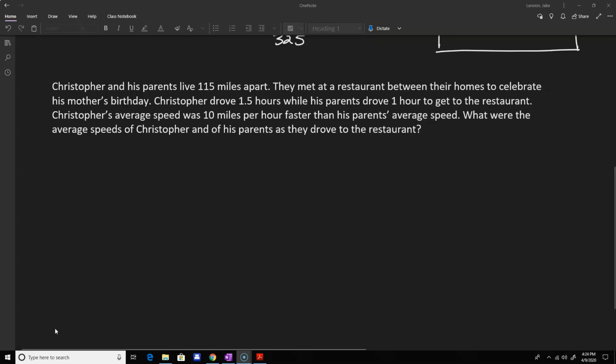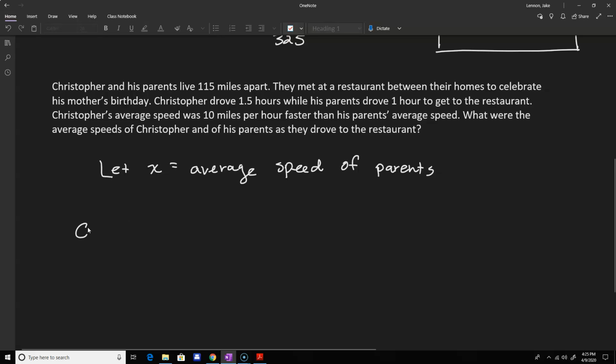So for this one, we want to let our variable represent one of the unknowns. So let's let x be the parent speed, and then x plus 10 would be Chris's speed since it's faster. So let x equal the average speed of the parents. So again, we can set up a distance equals rate times time situation.